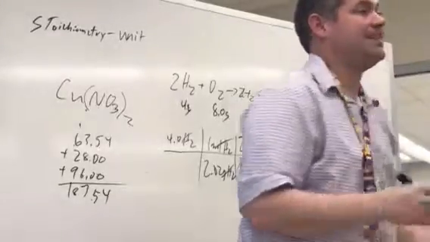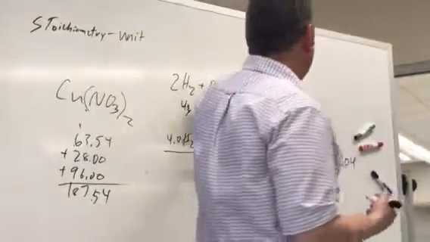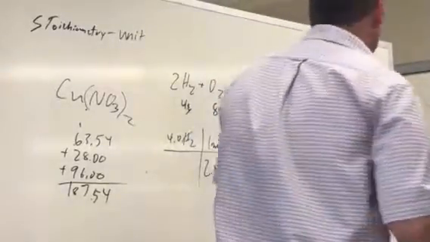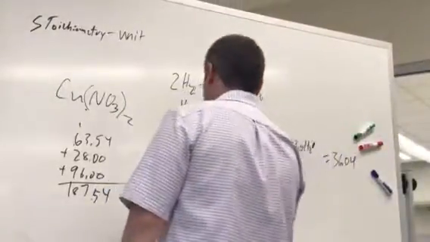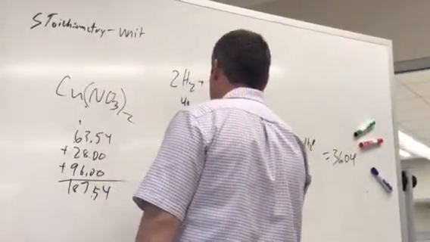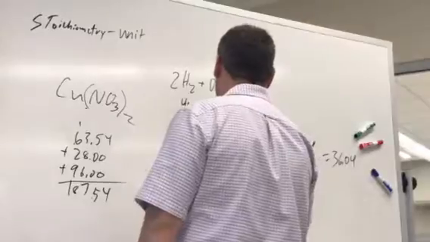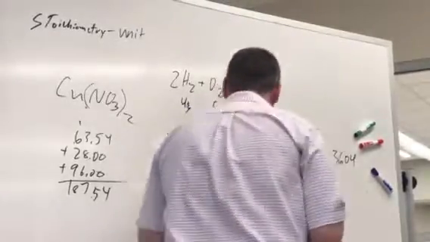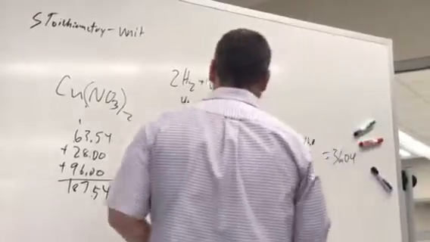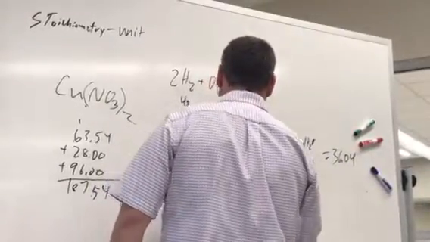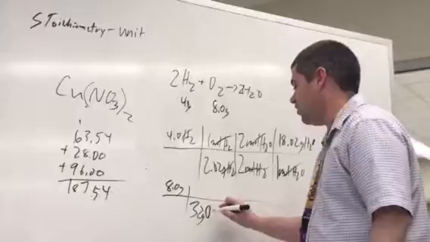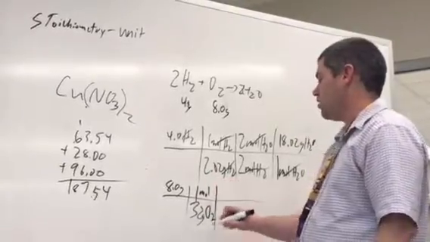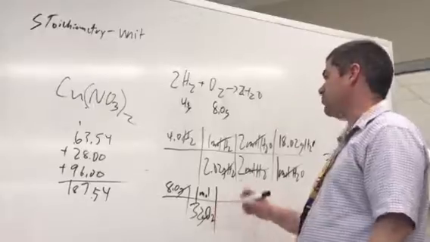And then I will do the exact same thing, but with the 8.0 grams of O2 instead of the H2. There are 32 grams of O2 for every 1 mole. Grams cancel.